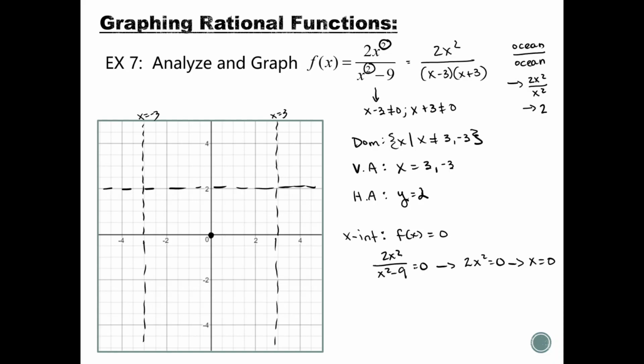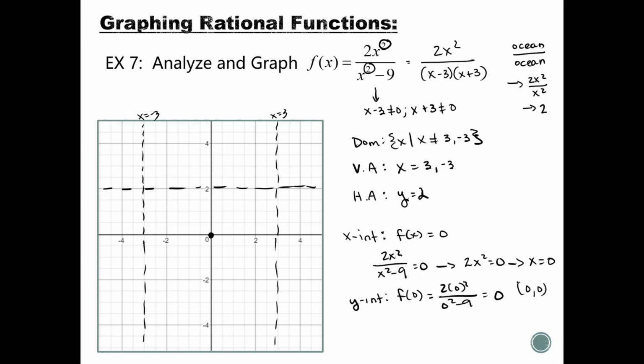So I plot this point right here. The y-intercept is where x is 0. So I plug in a 0, and in this case, I get that same point at 0, 0.